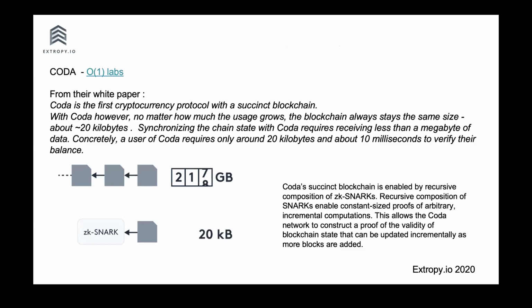As you'll know, if you're developing on Ethereum, if you want to run a full node, an archive node, you have to download a great deal of data. The idea behind CODA is that you wouldn't need to have as much data because the way it works is that you progressively produce proofs that the latest additions to the blockchain, so the latest block, is correct along with the other blocks.